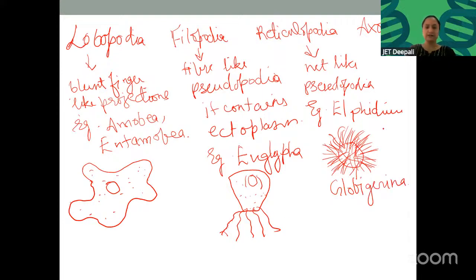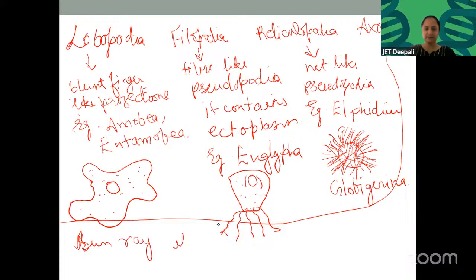Now comes the next and the last type, axopodia. We are writing about axopodia here. Sun-ray-like pseudopodia.